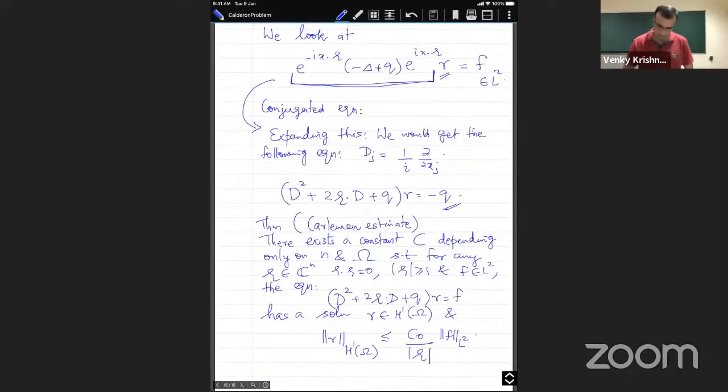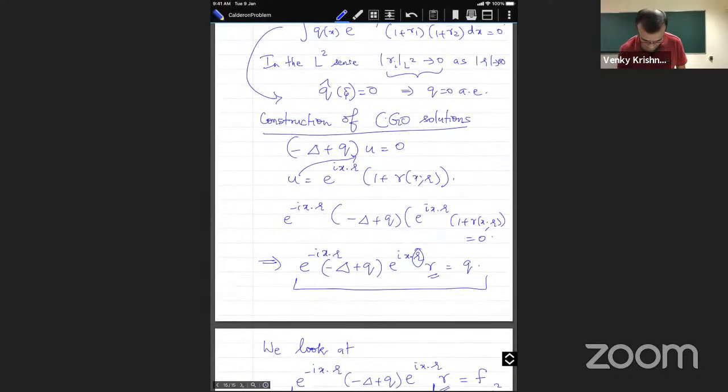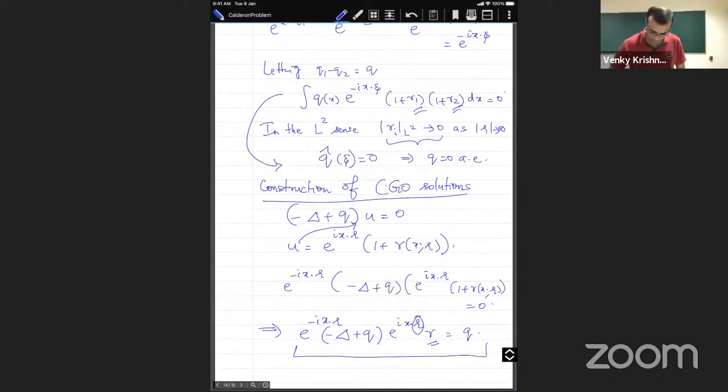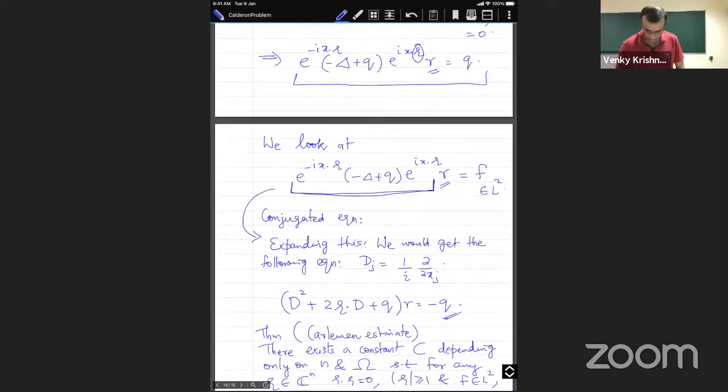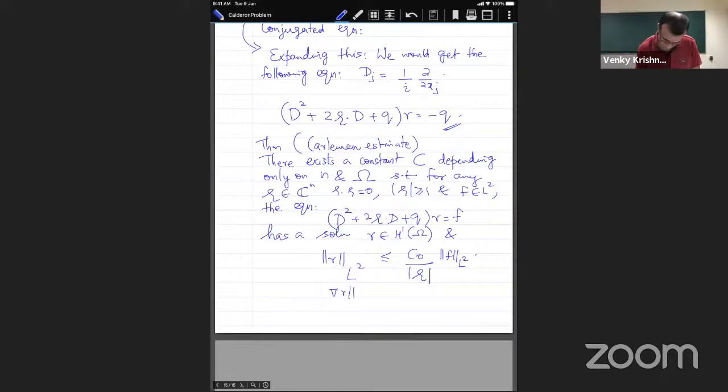I did not make this precise over here when I multiplied R1 and R2. Sorry, this is not the H1 norm, this is the L2 norm. In fact, because R is in H1, you can also get some estimate about this as well, but this is not needed.